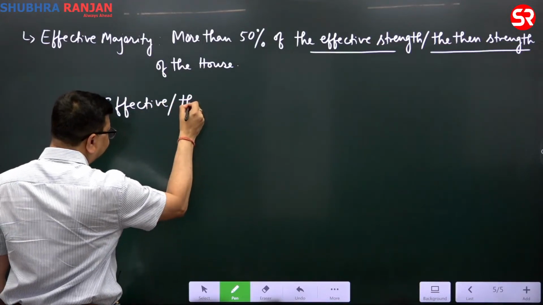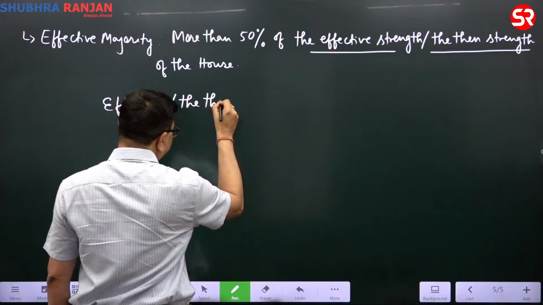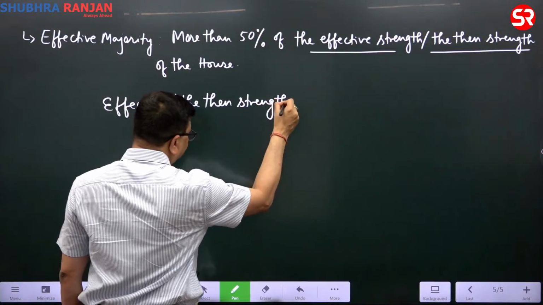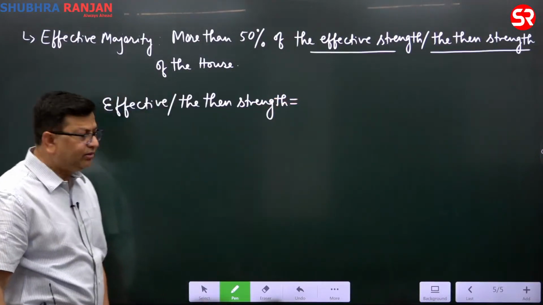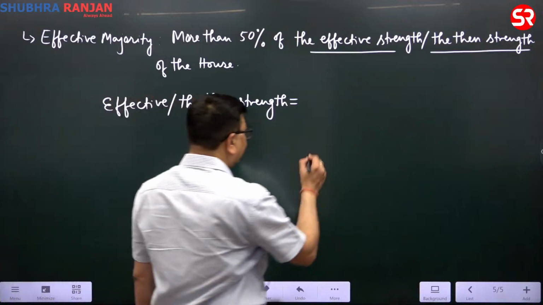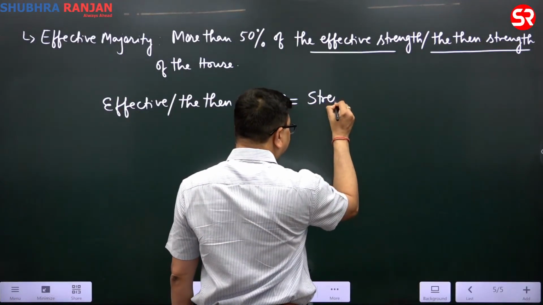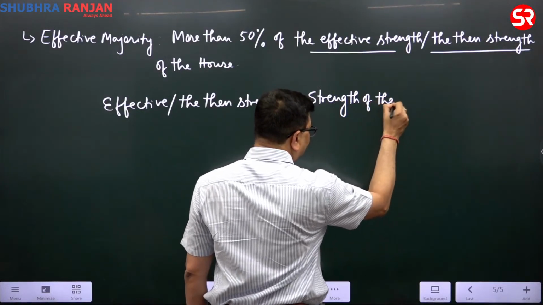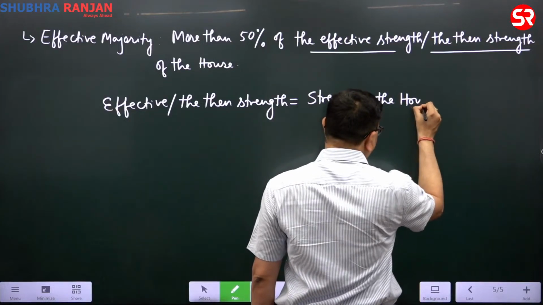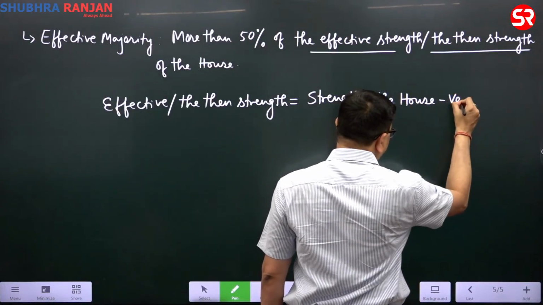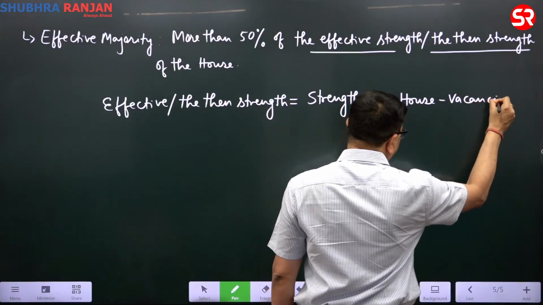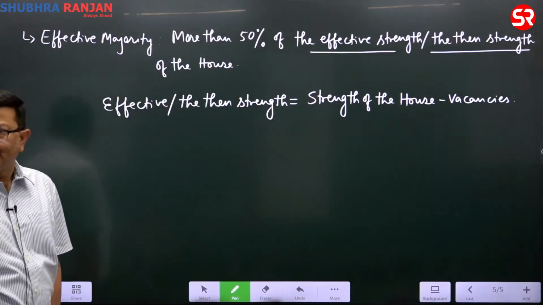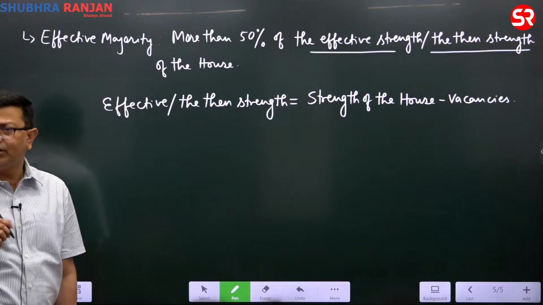Effective or the then strength is equal to the strength of the House minus the vacancies. Here vacancies will not be counted.